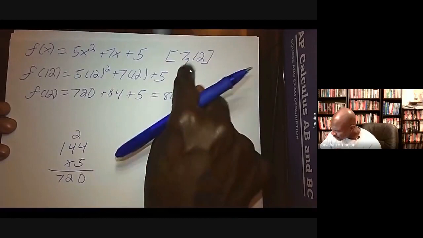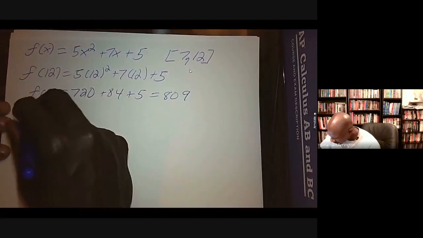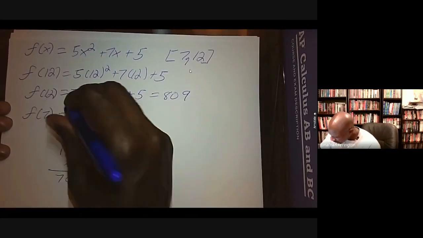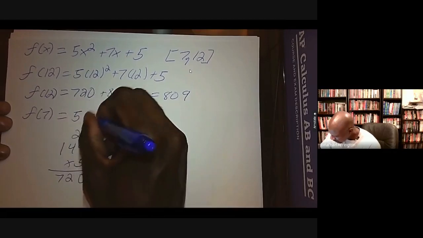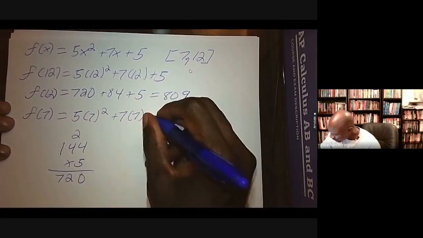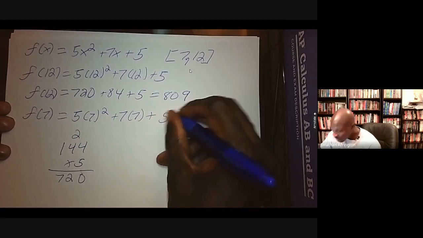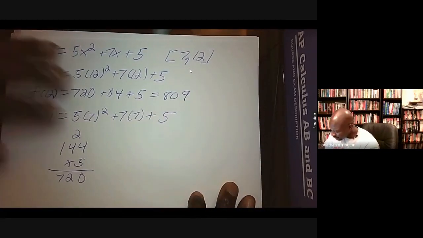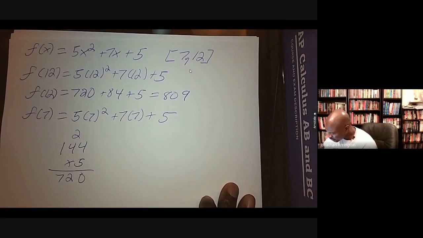And now I need to find f of 7. So f of 7, this is 5 times 7 squared plus 7 times 7 plus 5. So I think I already did 5 times 7 squared before. That's 49 times 5. That's 245.